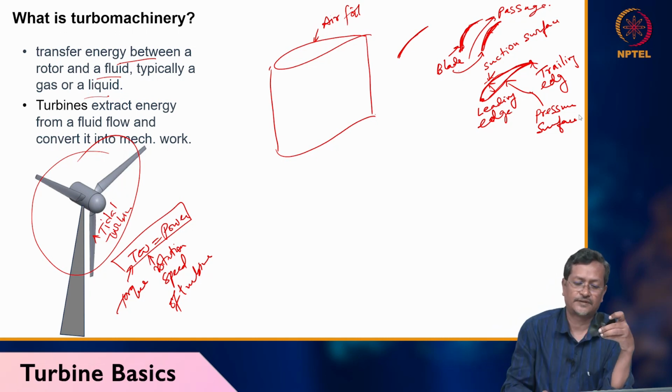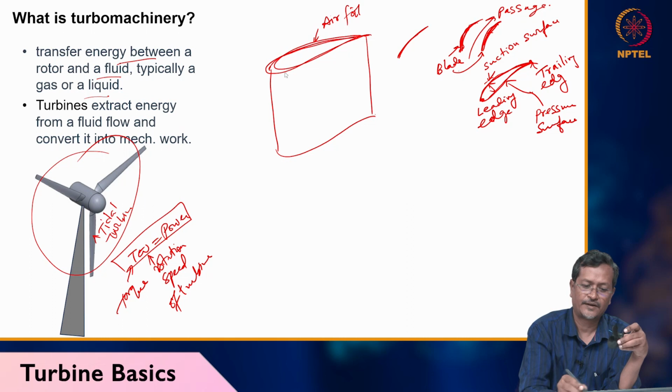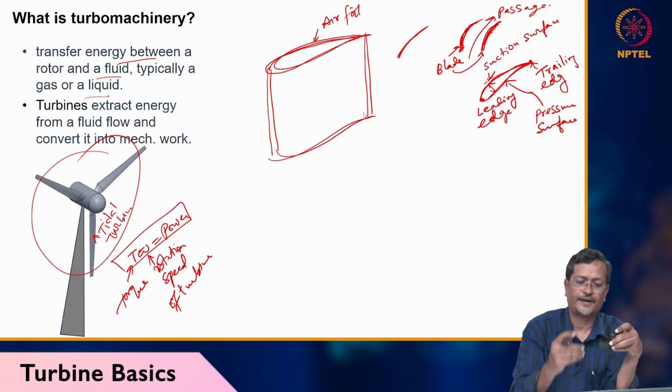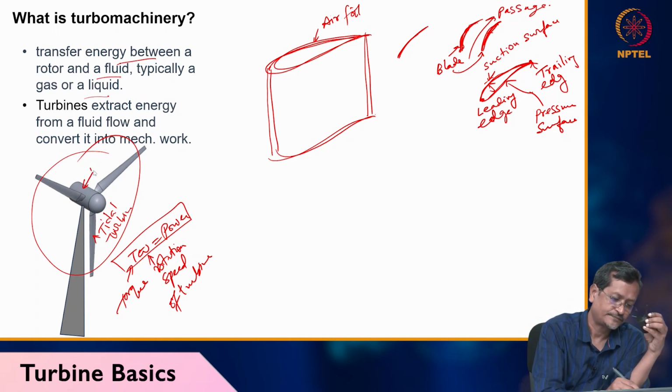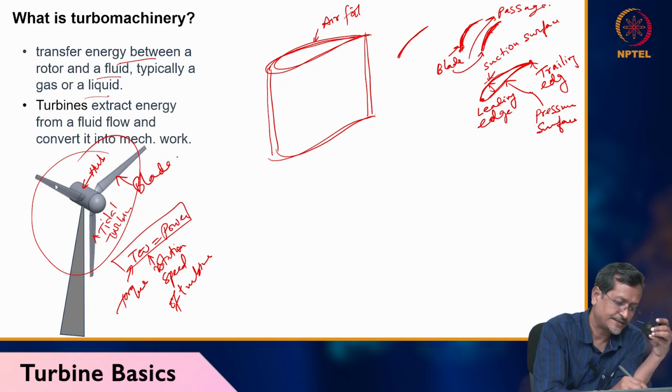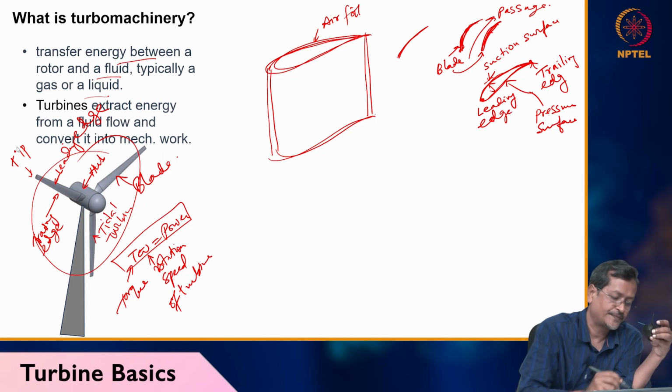So if I assume this is my blade and the whole blade is drawn here, this 3D you can see here I have drawn, and I have cut from the hub. This is called the hub section, this is called the hub. You see a wind turbine hub, this is the blade, and this is the leading edge, this is the trailing edge, and this is called the tip.